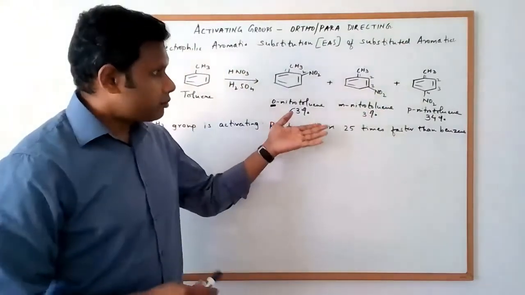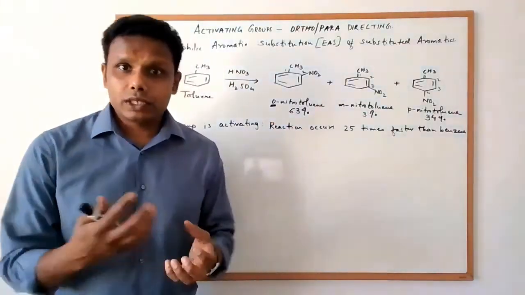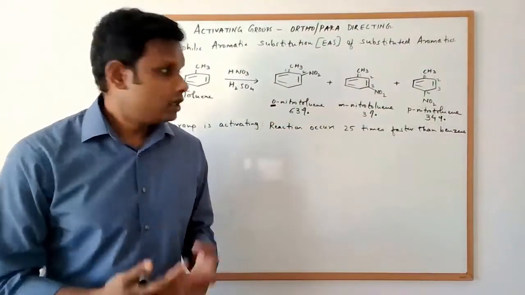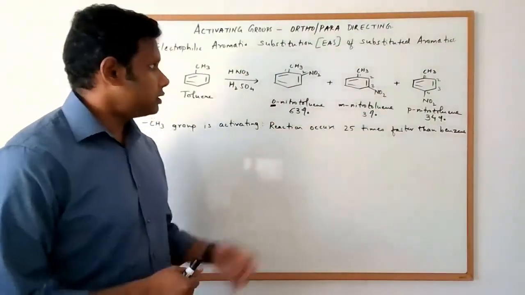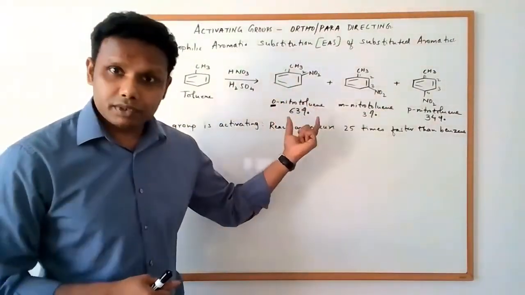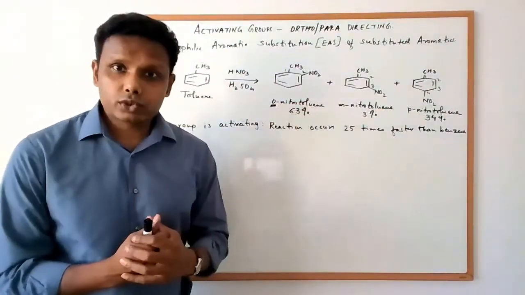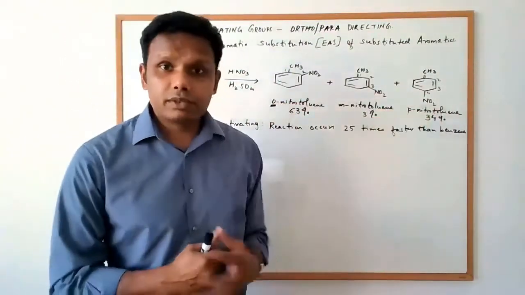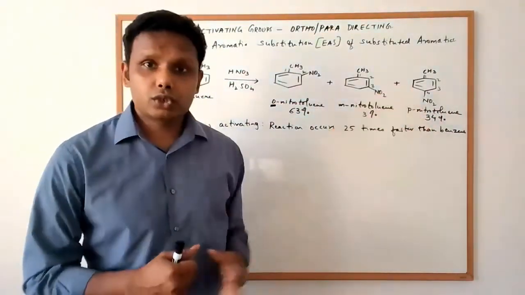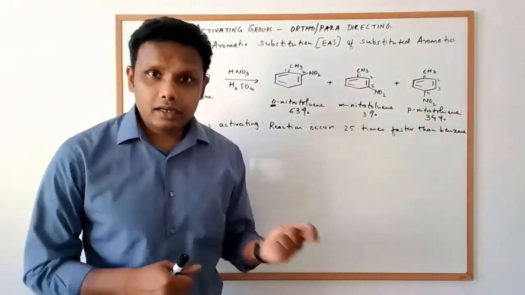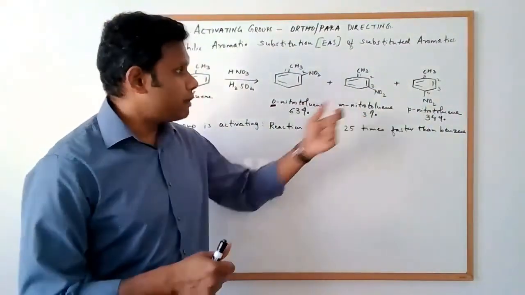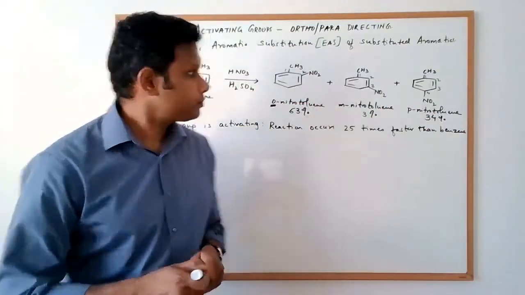Again, these numbers do not have to be treated as absolute numbers. Essentially, we get about 60% of the orthonitrotoluene product, about 30% of the paranitrotoluene product, and very little of the metanitrotoluene product.